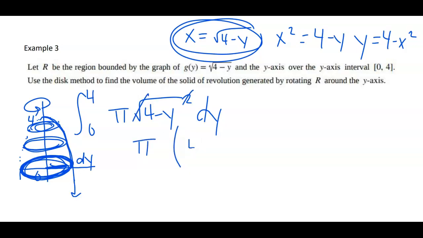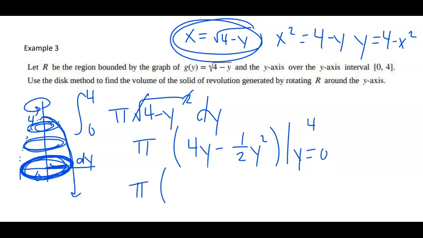The antiderivative of 4 is 4y. The antiderivative of y is 1/2 y squared. And I'm doing this from y equals 0 to 4. I have 16 minus 8 minus 0. And so I end up getting 8 pi.